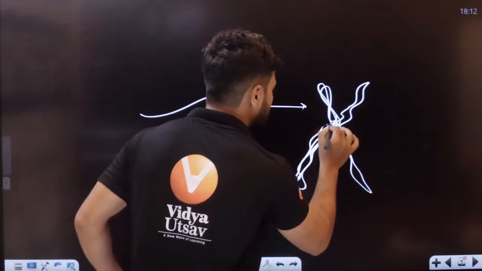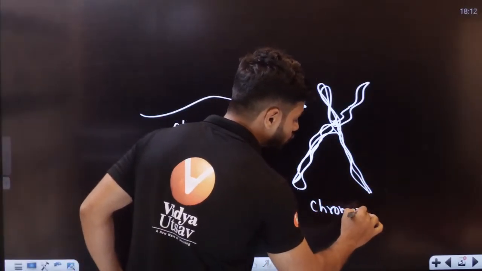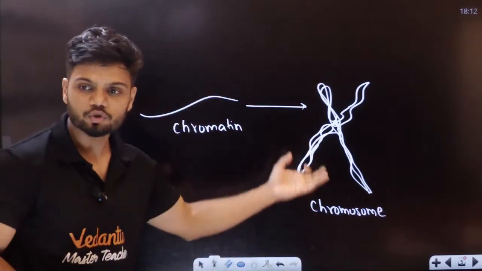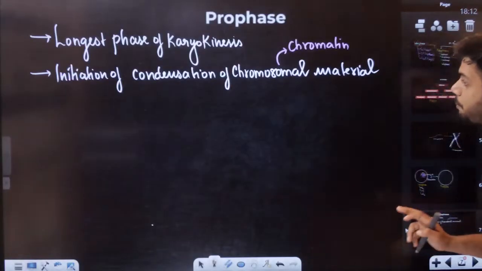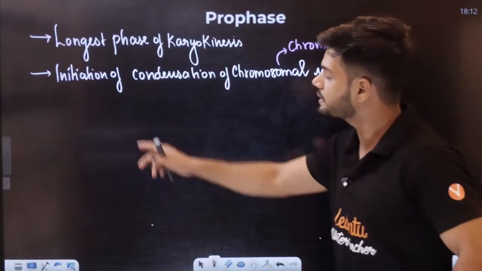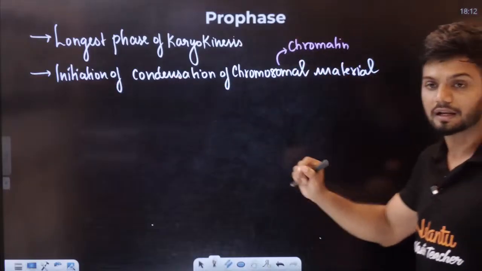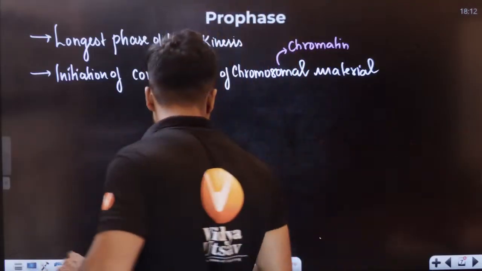Now this right here is called a chromosome. So that's how you get a chromosome. You take chromatin, you condense it, you get a chromosome. That is what is happening in the case of prophase. In prophase, there is initiation of condensation of chromosomal material. The chromosomal material undergoes condensation. Simple as that, students.